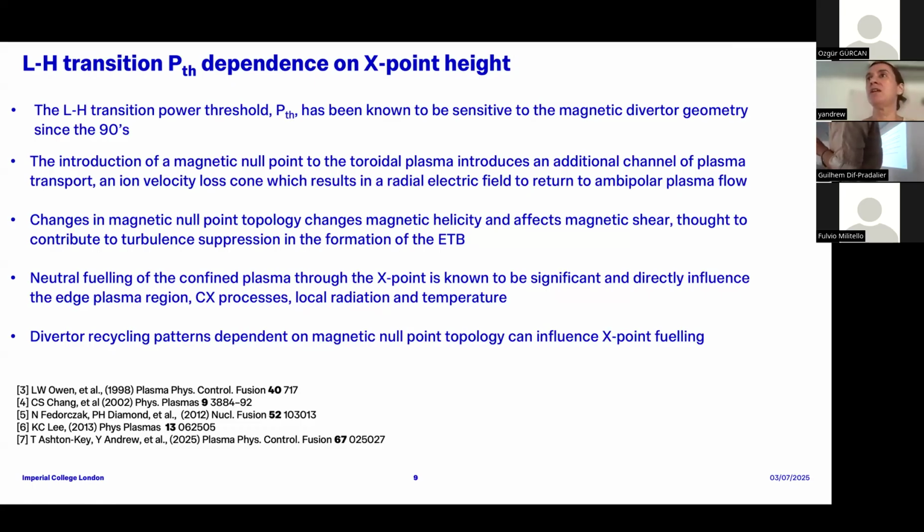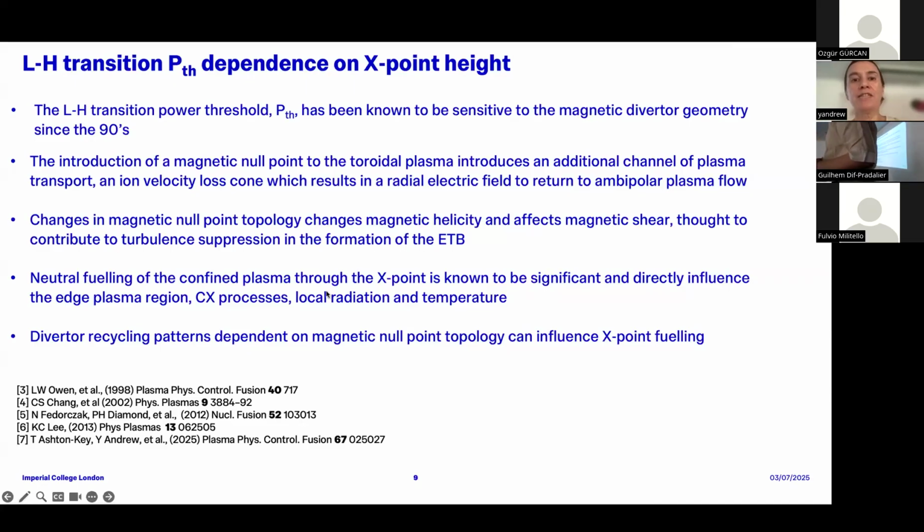So there's a lot of work on the direction of the B cross grad B ion flow relative to the magnetic divertor, for example, and on the location of the magnetic null point and how that affects access to H mode. Here are some points on the thinking behind that. As soon as you introduce a magnetic null point, the vanishing magnetic field in the vicinity of it leads to an ion velocity loss cone.